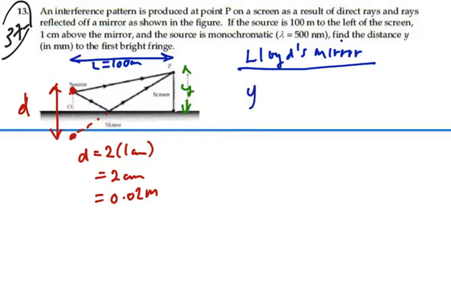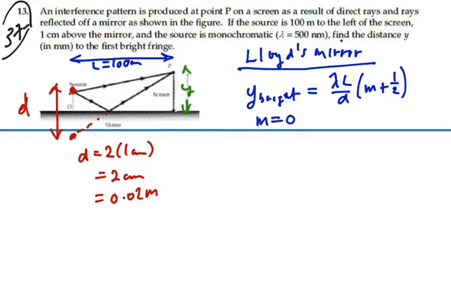In other words, our bright fringes are going to be located normally where the dark fringes would be for a two-slit pattern. So that's going to be equal to lambda L over D, m plus 1/2, where m is the order number. The first bright fringe will correspond to m equal to 0.